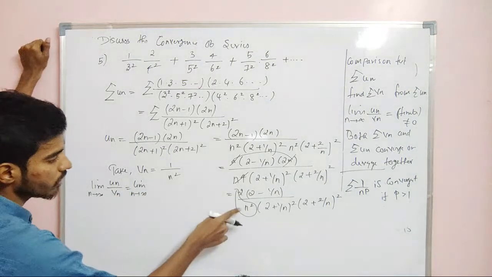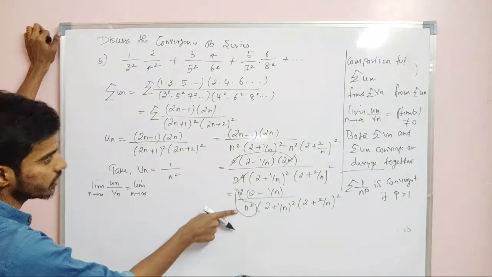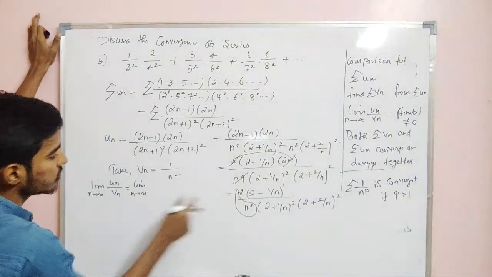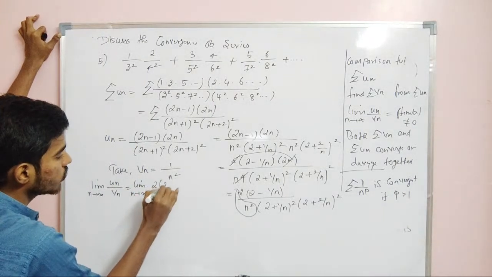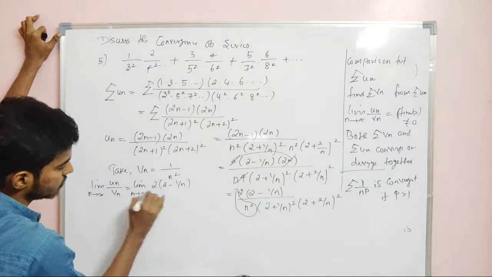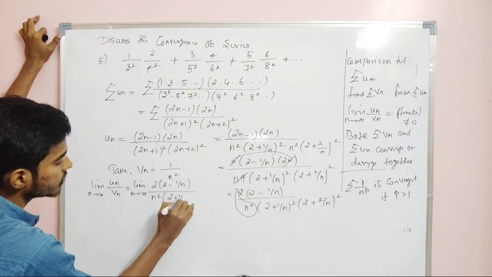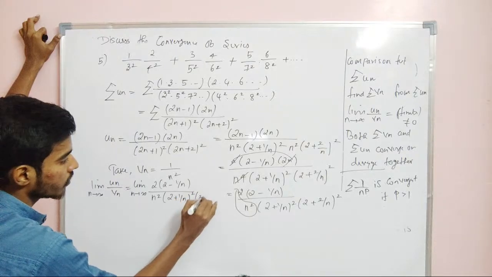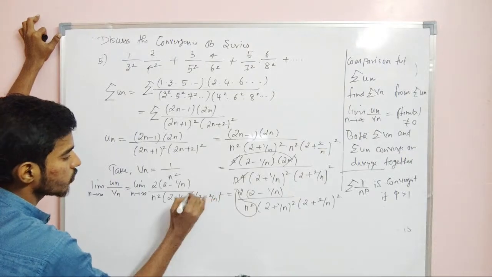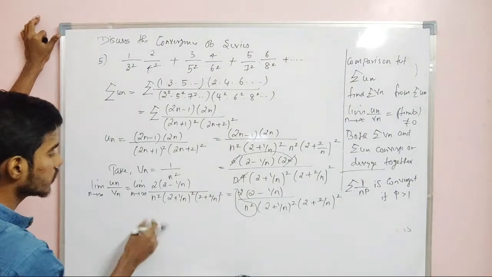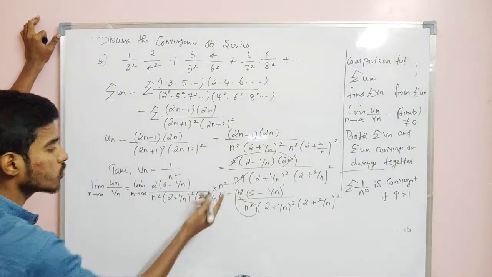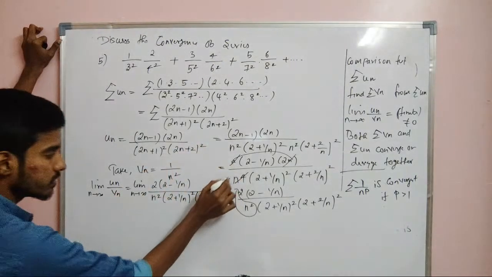You can straight away take this as un, because the simplification of this is this. So we will have 2 into (2 minus 1 by n) square (2 plus 1 by n) whole square (2 plus 2 by n) whole square, divided by bn.